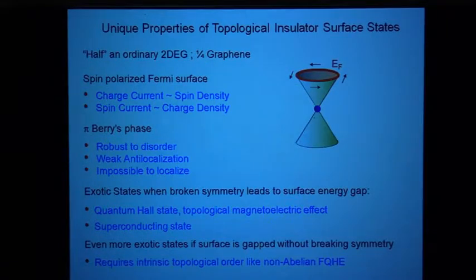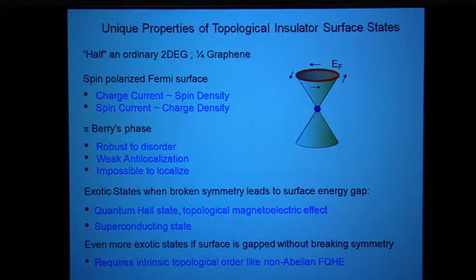It has this correlation between the spin and the charge, because the direction in which the electrons are going is correlated with the spin. So there's a sense in which a charge current is the same thing as a spin density, and a spin current is the same thing as a charge density in these helical surface states.